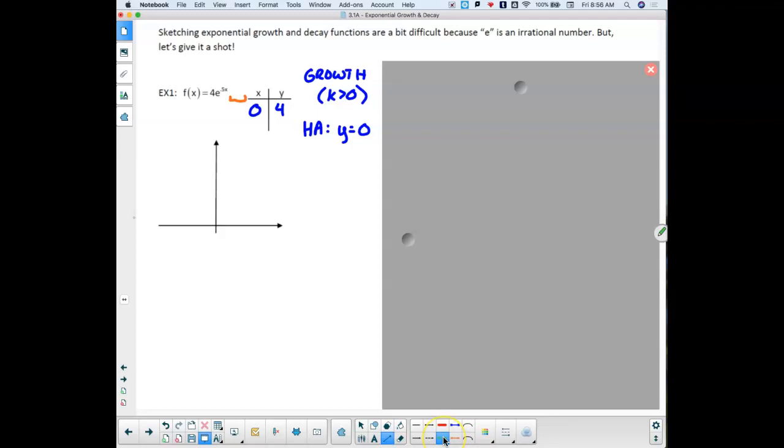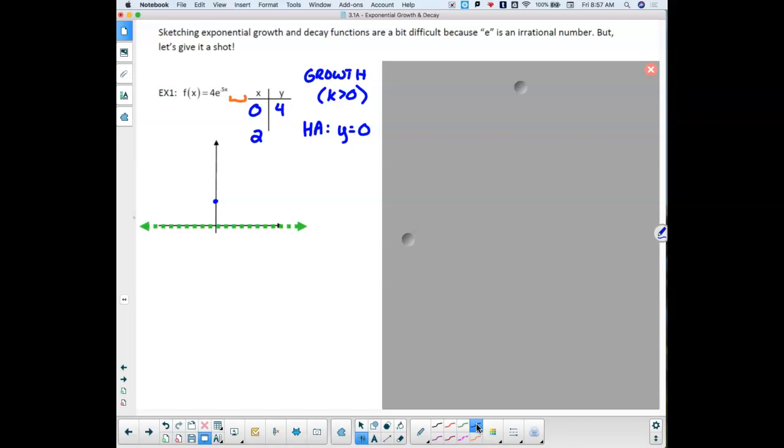And now, yesterday we talked about plugging in 1, having your exponent equal 1. Well, what value of x would give me an exponent equal to 1? 2. So I'm not going to plug in 1 here for x. I'm going to plug in 2. Because 0.5 times 2 is 1.